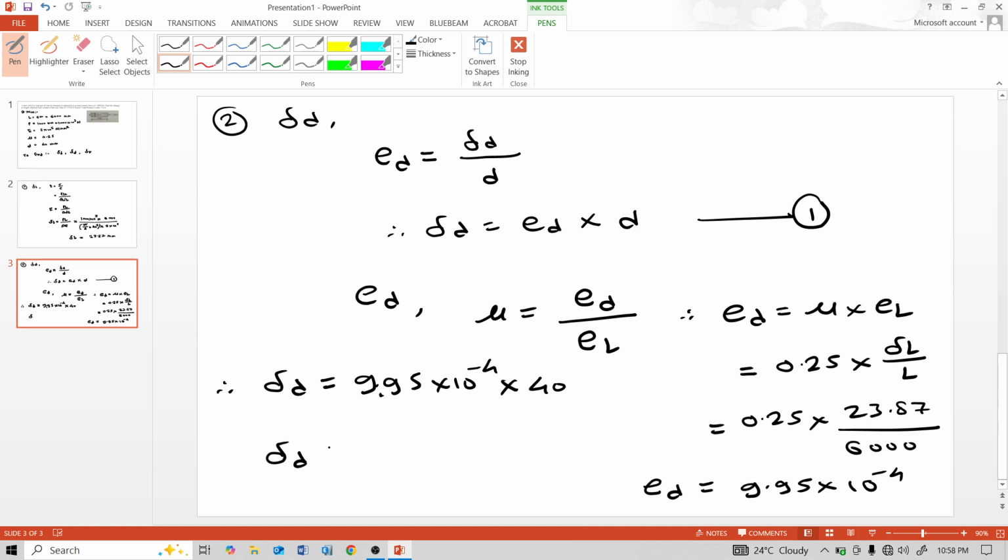So change in diameter comes 9.95 into 10 raised to minus 4 into 40, which is 0.0398 mm.